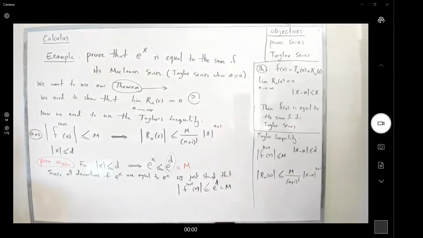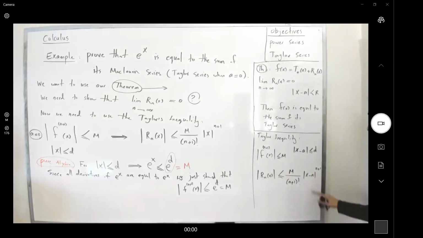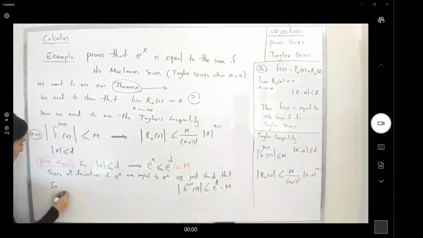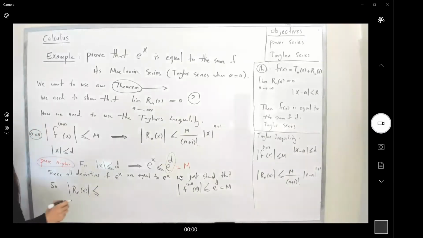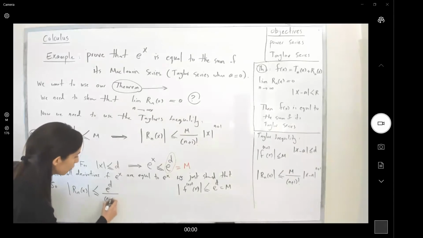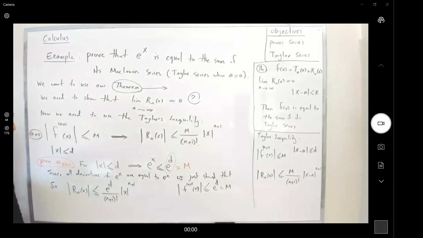I found M. So what's next? Taylor's inequality tells us that now you can write the absolute value of R_n less than or equal to M, that number, e to the d, divided by (n plus 1) factorial, times |x| to n plus 1. So |R_n(x)| is less than or equal to e to the d divided by (n plus 1) factorial times the absolute value of x to the power n plus 1.